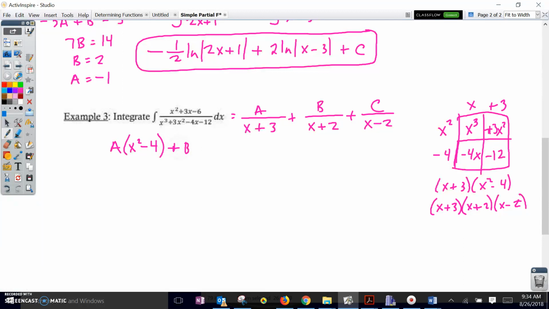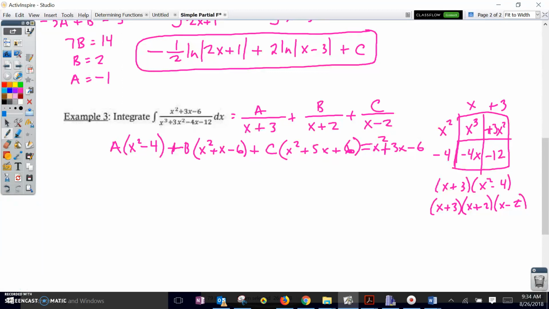The b needs to be multiplied by x plus 3 and x minus 2, which is x squared plus x minus 6. And the c needs to be multiplied by x plus 3 times x plus 2, which is x squared plus 5x plus 6. And that all needs to be equal to x squared plus 3x minus 6.